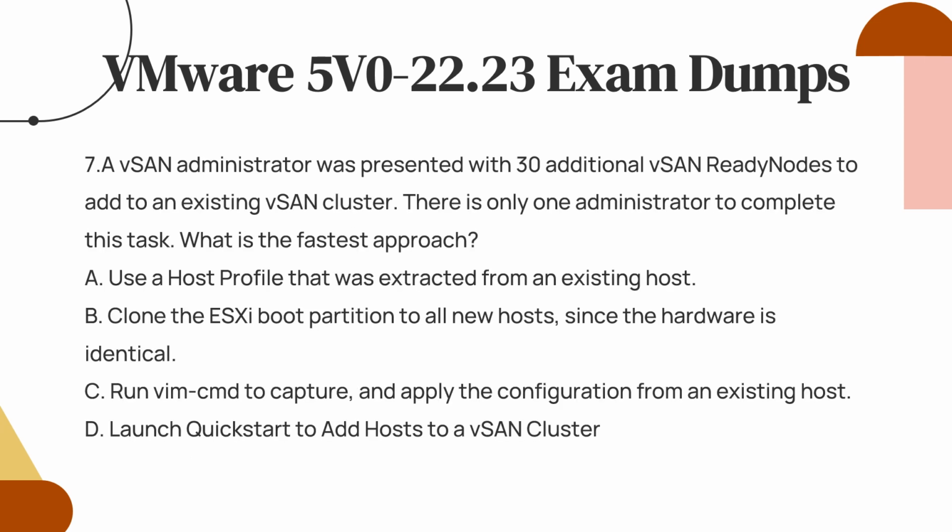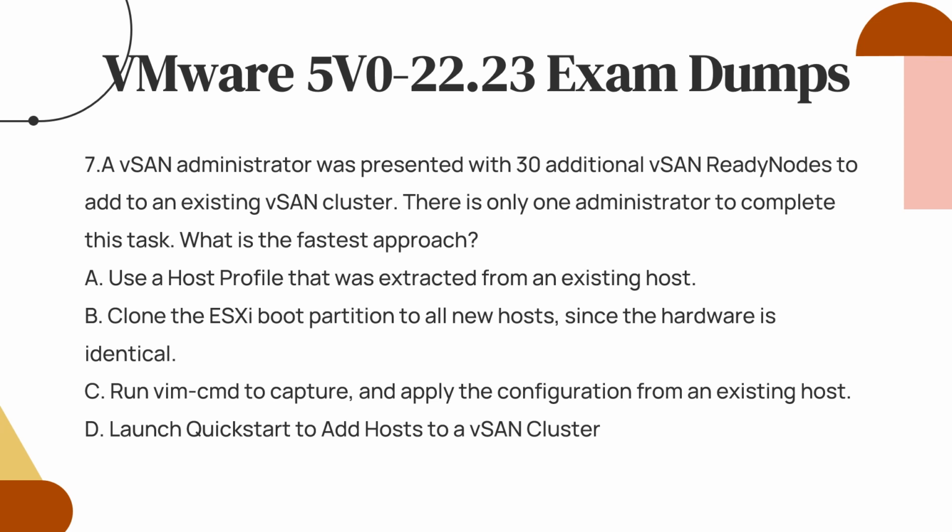7. A vSAN administrator was presented with 30 additional vSAN-ready nodes to add to an existing vSAN cluster. There is only one administrator to complete this task. What is the fastest approach? A. Use a host profile that was extracted from an existing host.